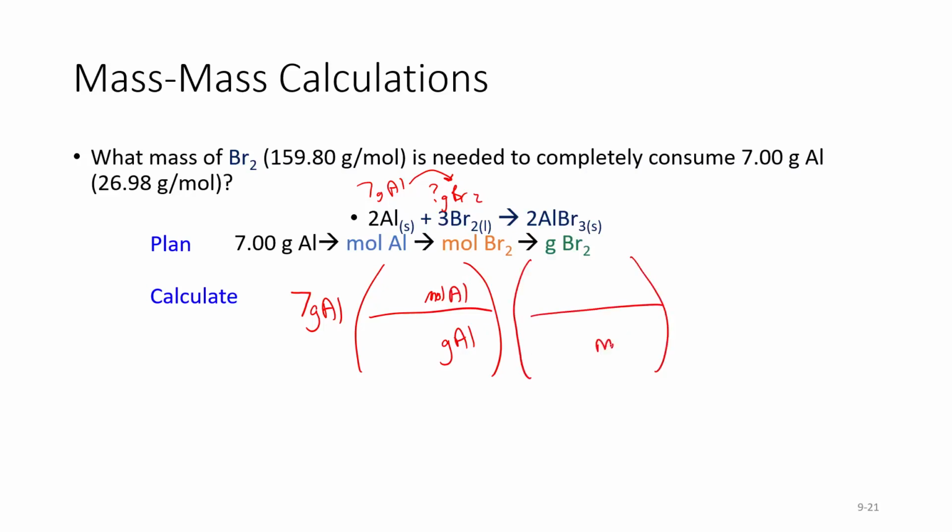Moles of aluminum to moles of the new substance, Br2, and then from moles of Br2 to grams of Br2. Our conversion factors, since it's the same substance, 1 mole is equal to the calculated mass from the periodic table.